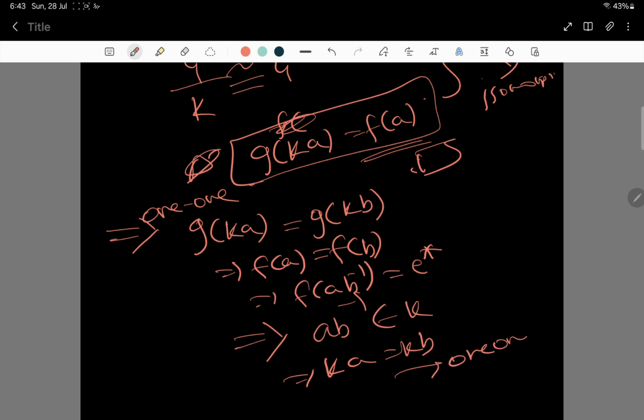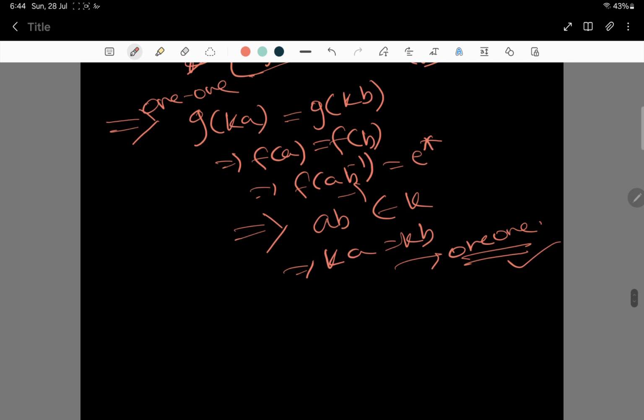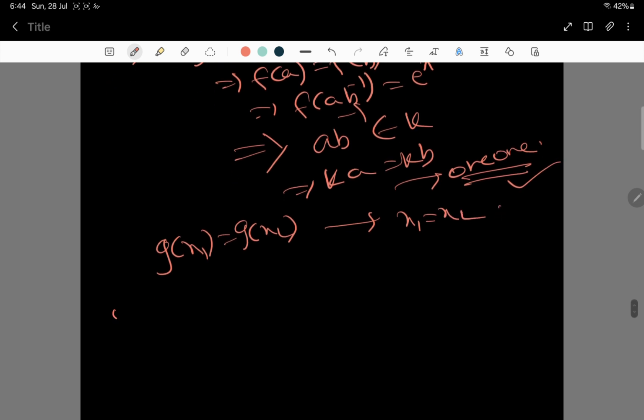Therefore it is one-one. Because to show one-one, we assume g of x1 is equal to g of x2 and we have to show that x1 is equal to x2.